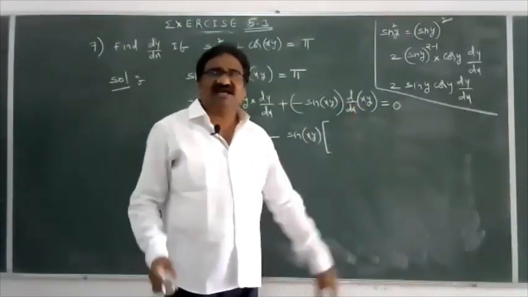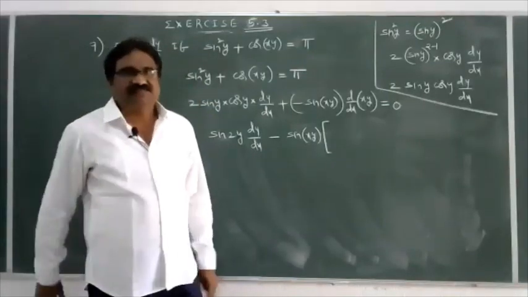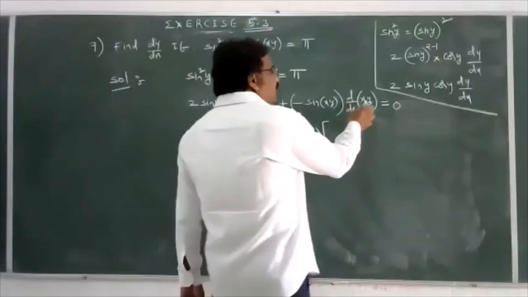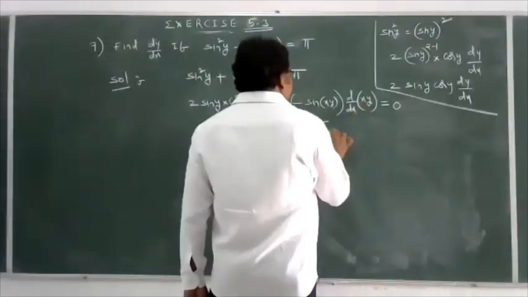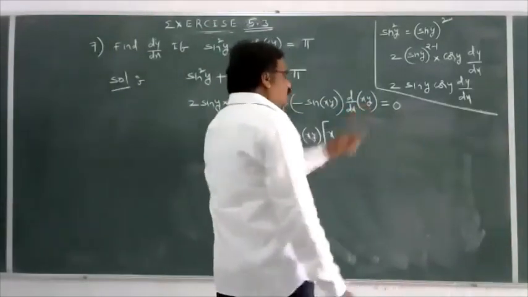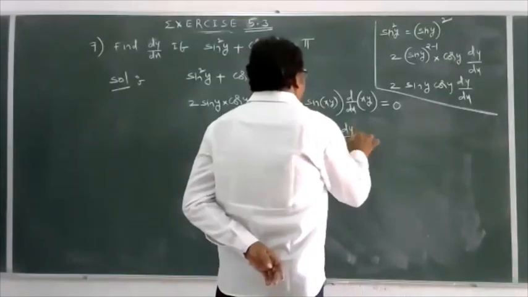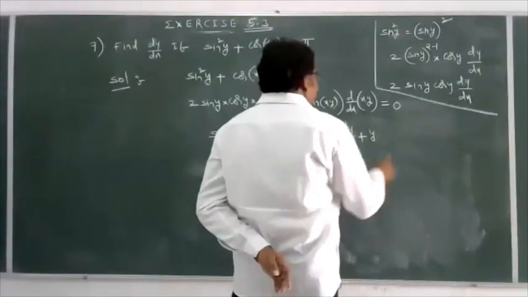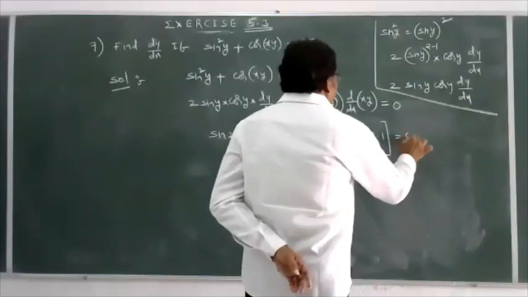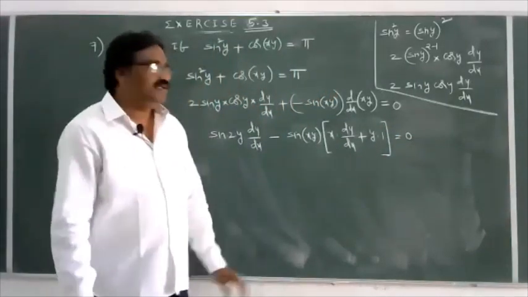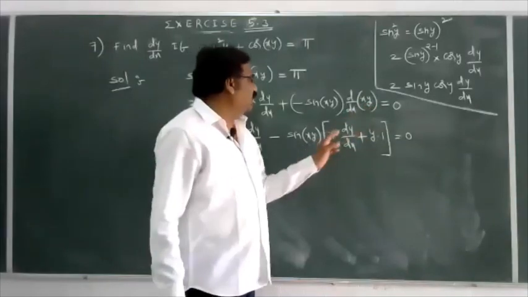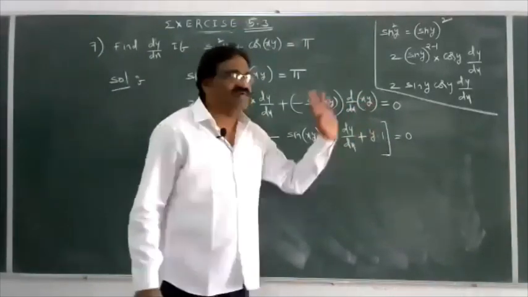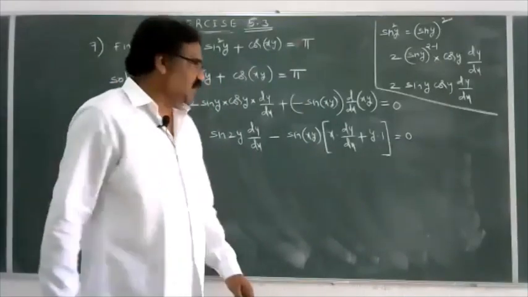Here xy is the product of two functions. X is the first function, y is the second function. So using the UV formula, the product rule: x into y derivative dy by dx plus second function y into x derivative 1, is equal to 0.